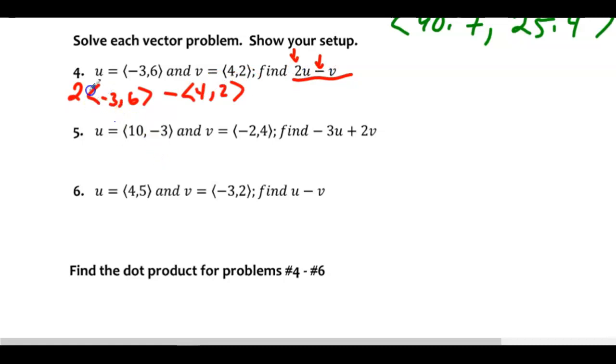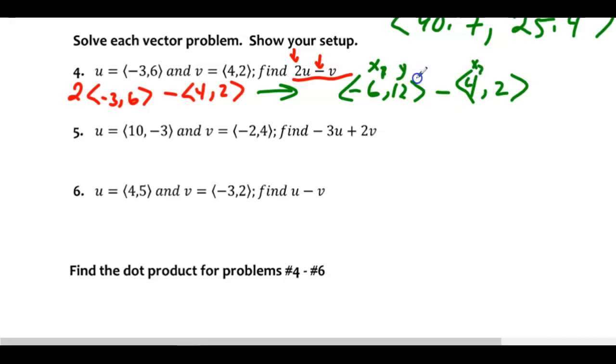First, we're going to distribute the 2. That gives us negative 6, 12, and we have minus 4, 2. So now, all we do is subtract the first terms because it's subtraction, and then we'll do the second terms.